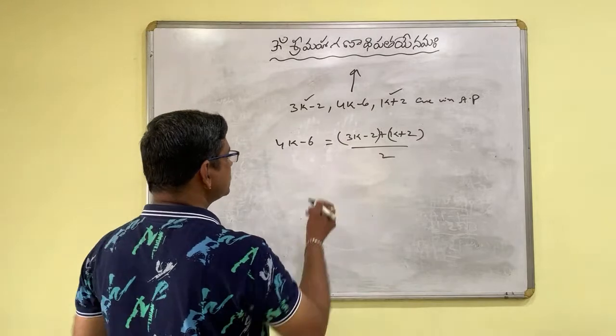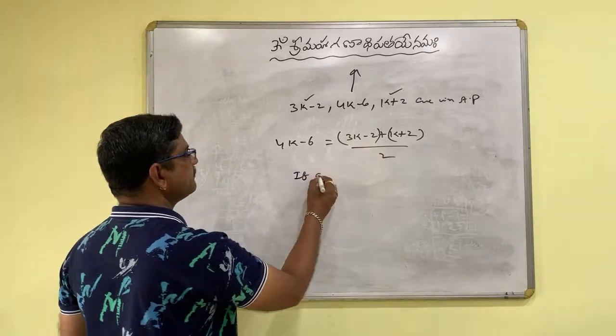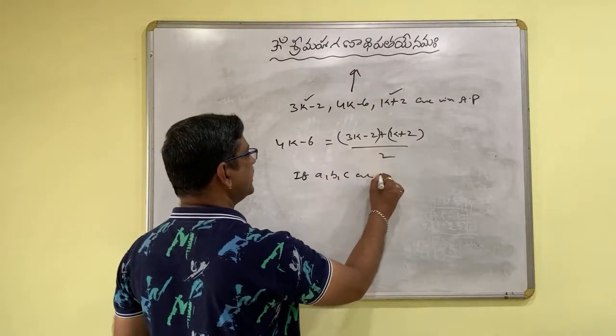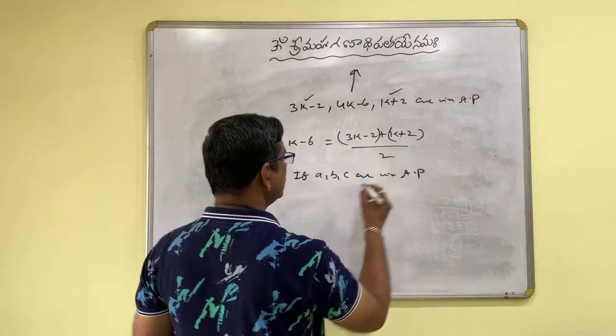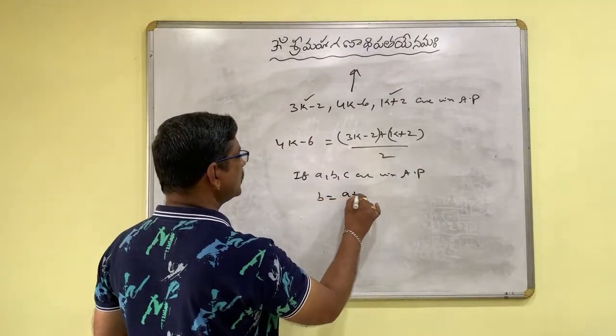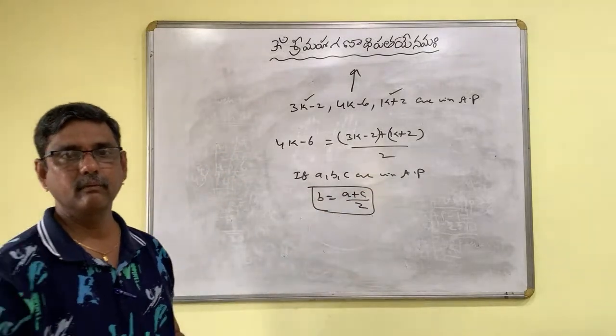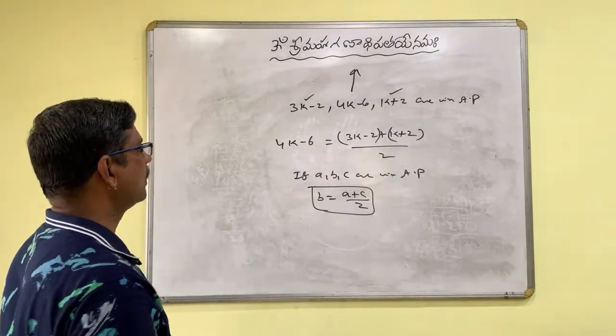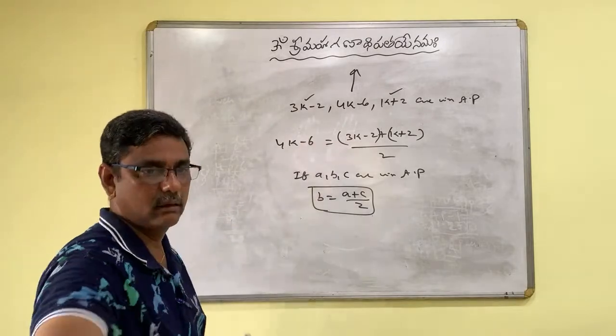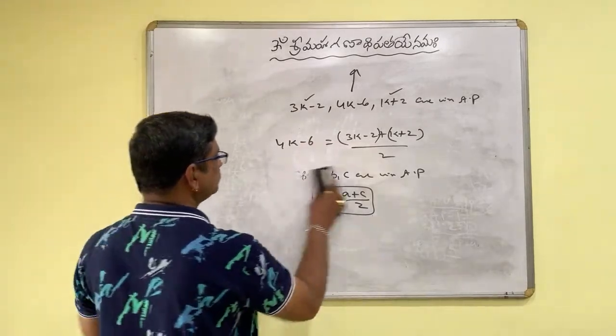So I applied it. Again I am saying, if A, B, C are in AP, then B is equal to (A plus C) by 2. This formula I am using. Now simplify this.